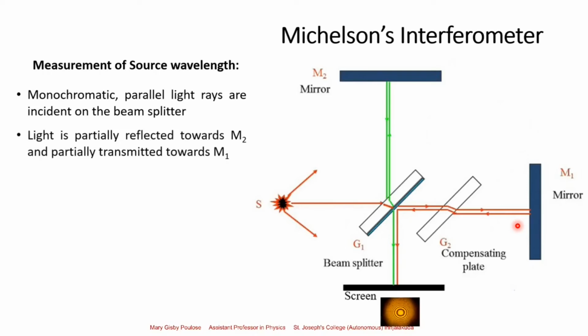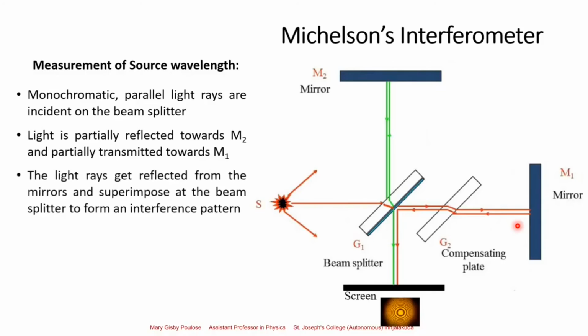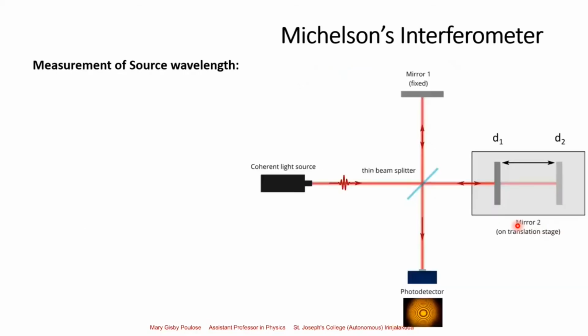Light gets partially reflected towards M2 and partially transmitted towards M1. The light rays then get reflected from the mirrors and superimpose at the beam splitter to form an interference pattern. Now the fringe pattern can be viewed on the telescope, and further measurements are done using the telescope.